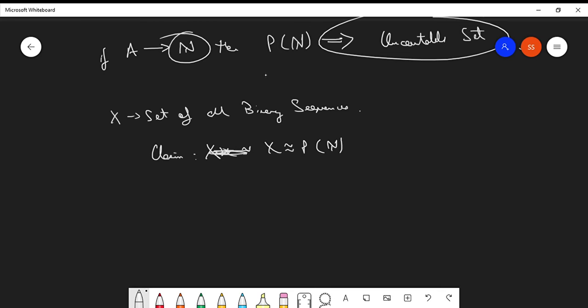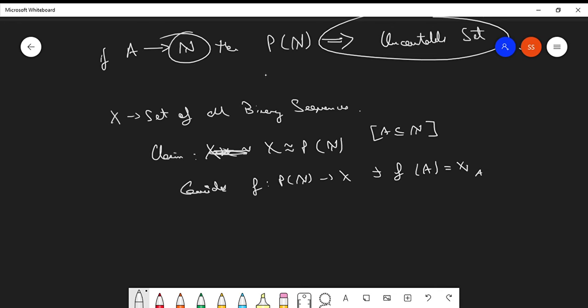So we consider a function from the power set to X such that f of A, where A is a subset of the set of all natural numbers, is equal to chi A. You will know what chi is.